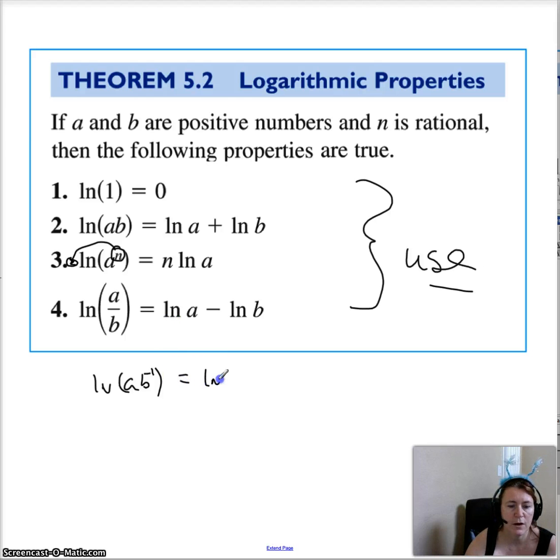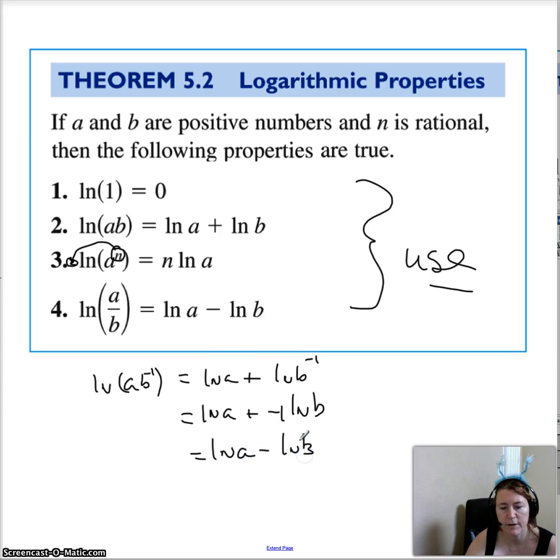So this is log of a plus natural log of b to the negative 1, and then you can use your power rule to say this is natural log of a plus, and my power is negative 1, natural log of b. So it's natural log of a minus natural log of b. Okay?